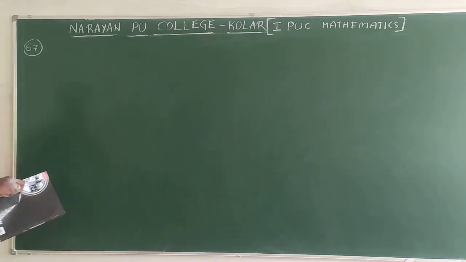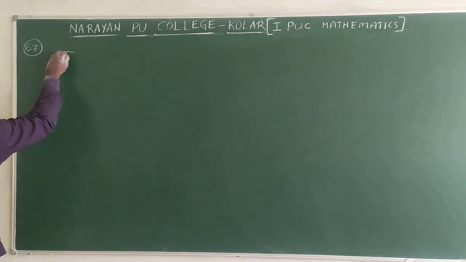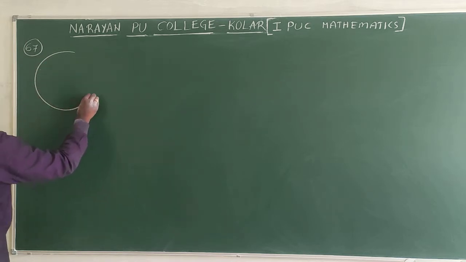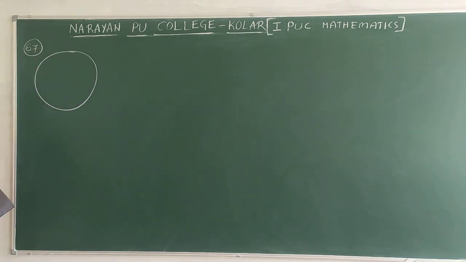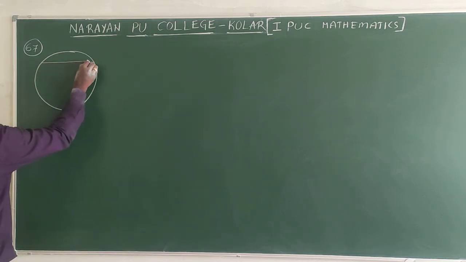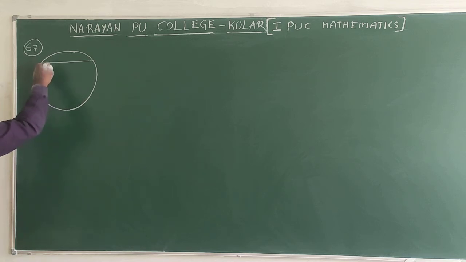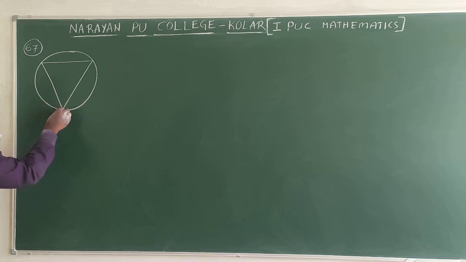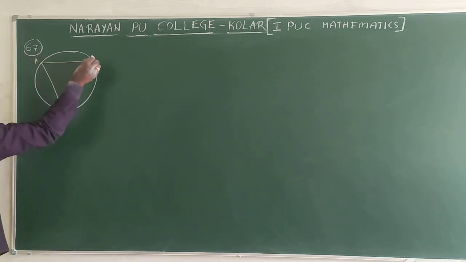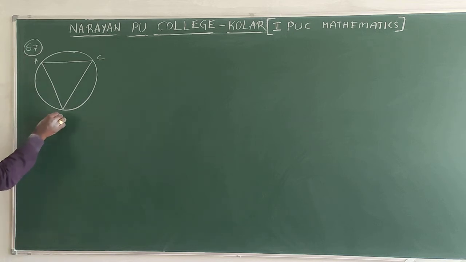Okay. Now 67. See, in this diagram is given. It is a circle. In this circle, a triangle is inscribed, that is nothing but it is a circumcircle. Now A, C, B, here we took one point.